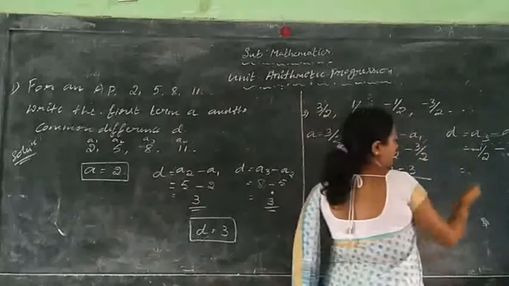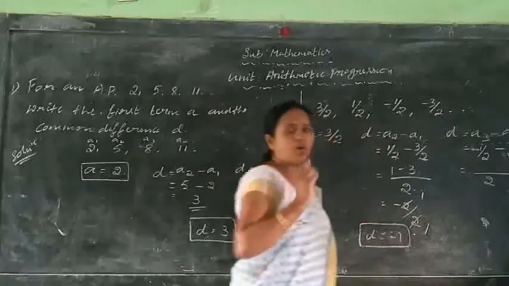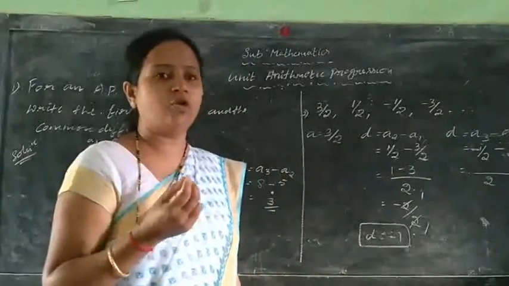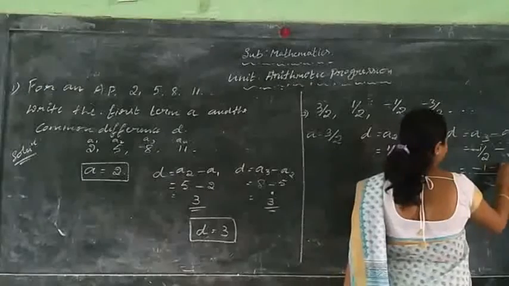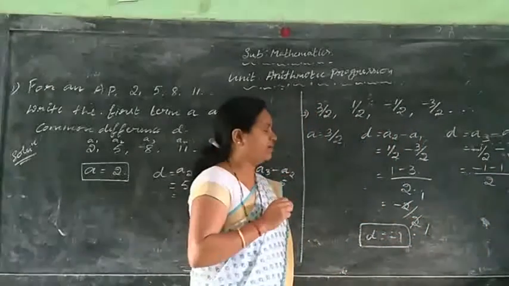Okay. So here also the denominator is the same, 2. I told you already, if the denominator is the same, we can add or subtract the numerators directly. That is minus 1 minus 1. See the numerator, children, both the numbers are having minus.